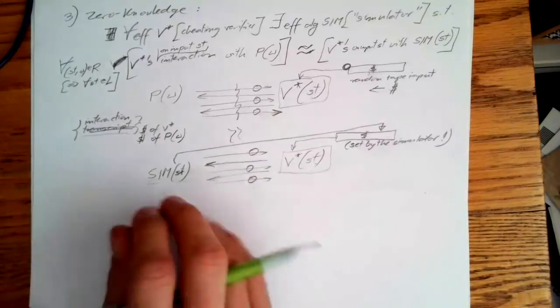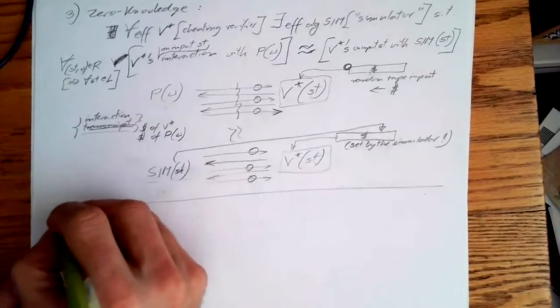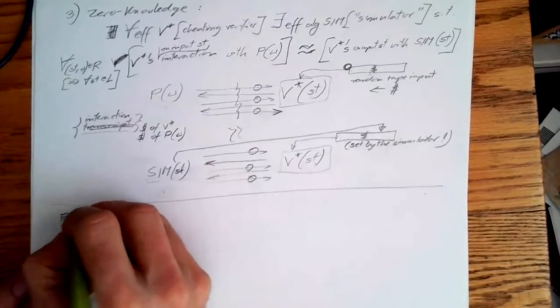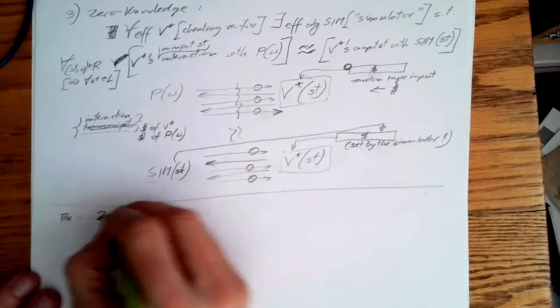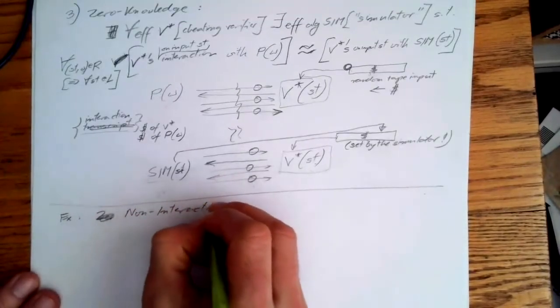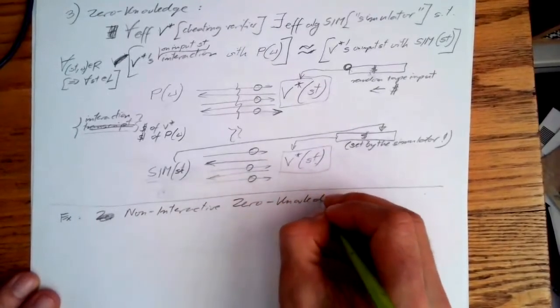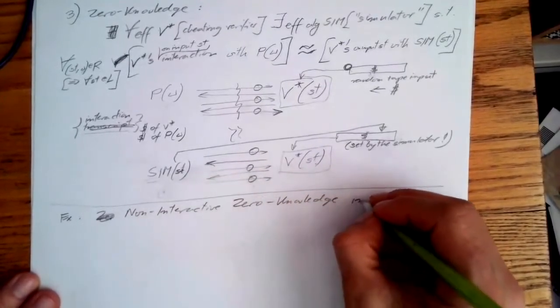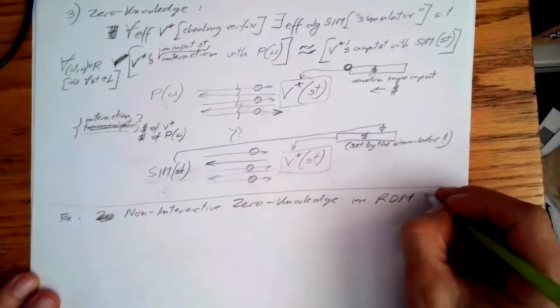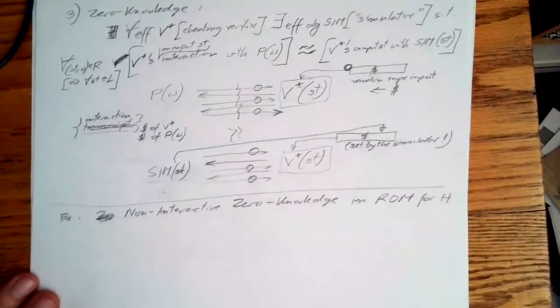Let me try to do an example of this. It will be a non-interactive zero knowledge proof in the random oracle model for some hash function h.